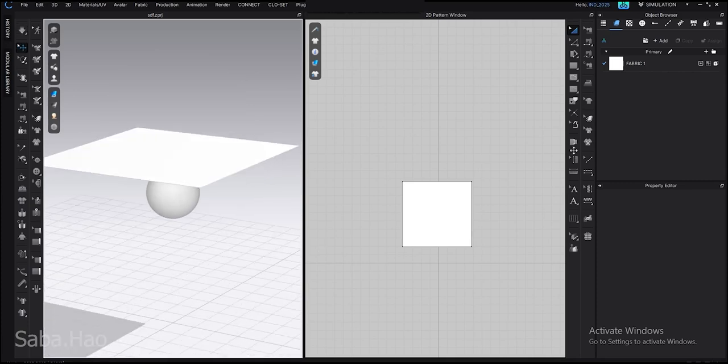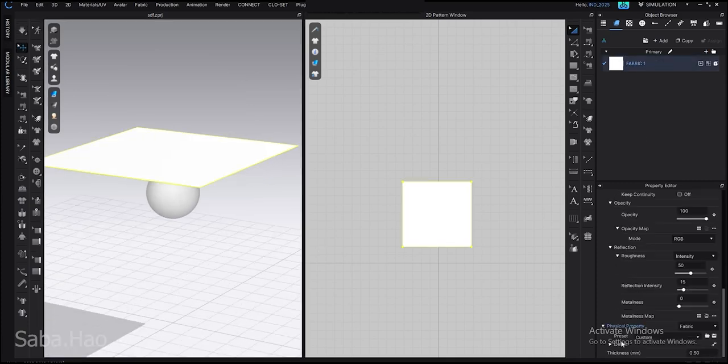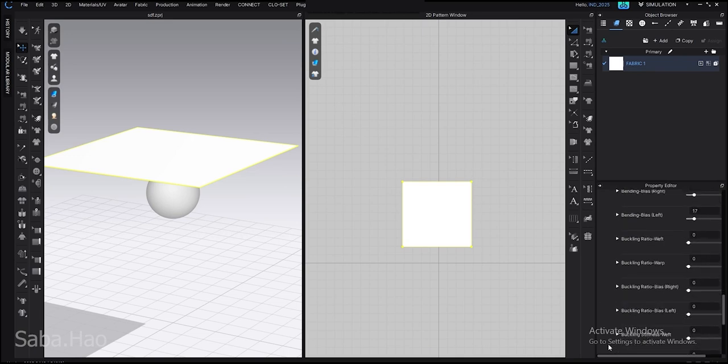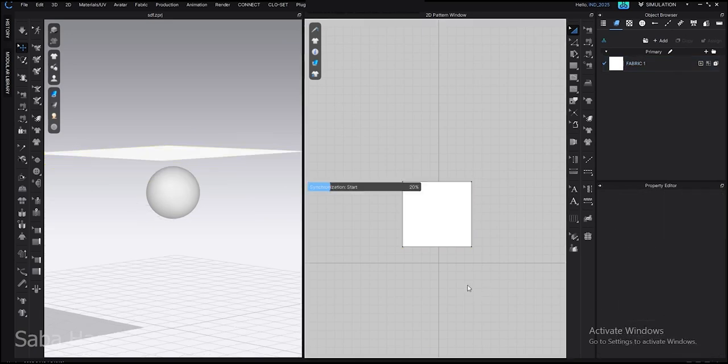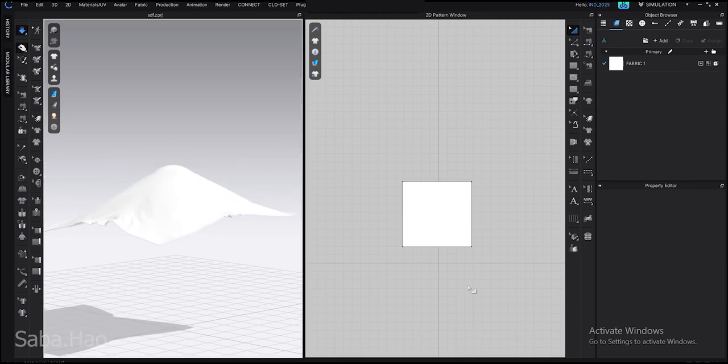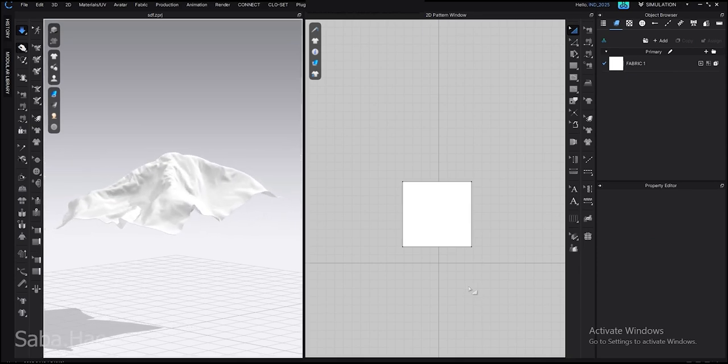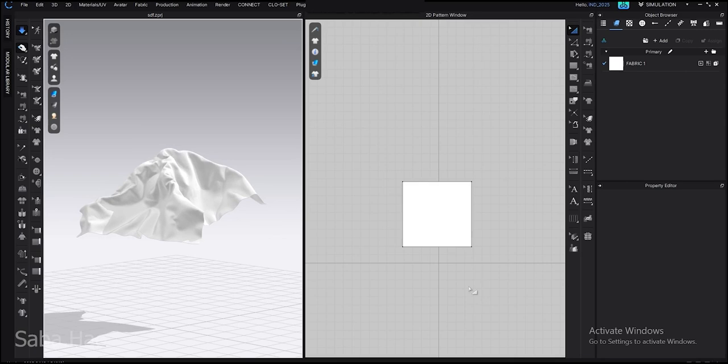Fabric weight defines how strongly gravity affects the garment. Lighter fabrics react more easily to movement and often appear more dynamic or unstable if poorly balanced.